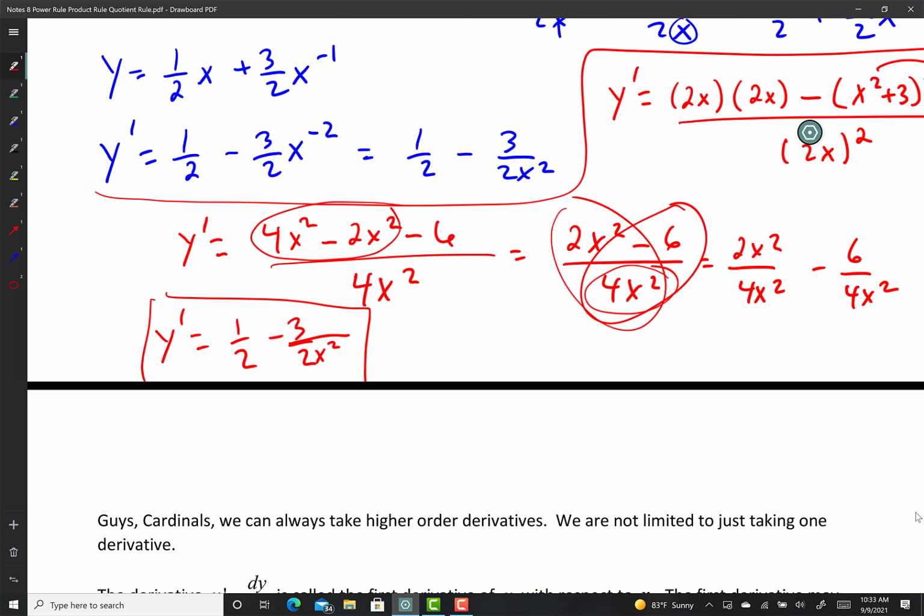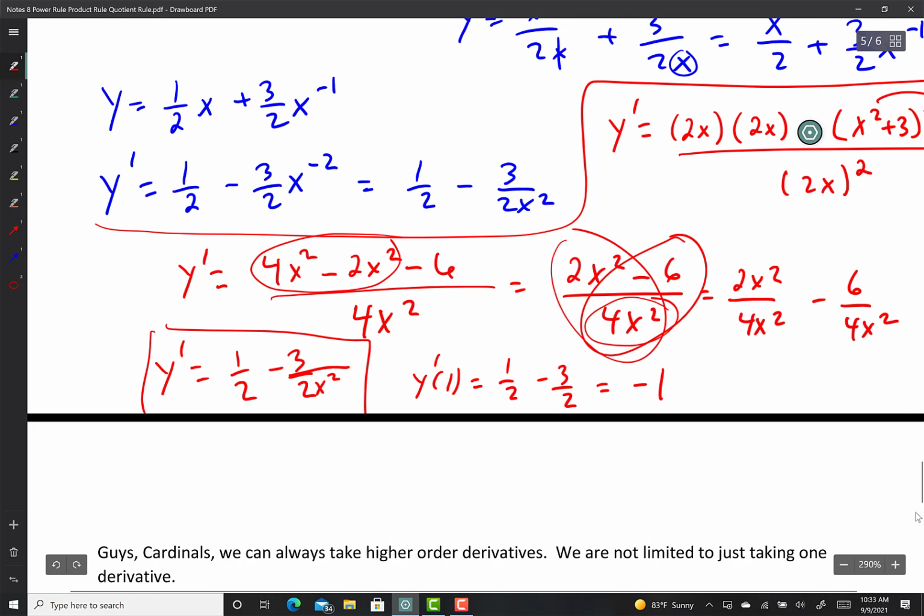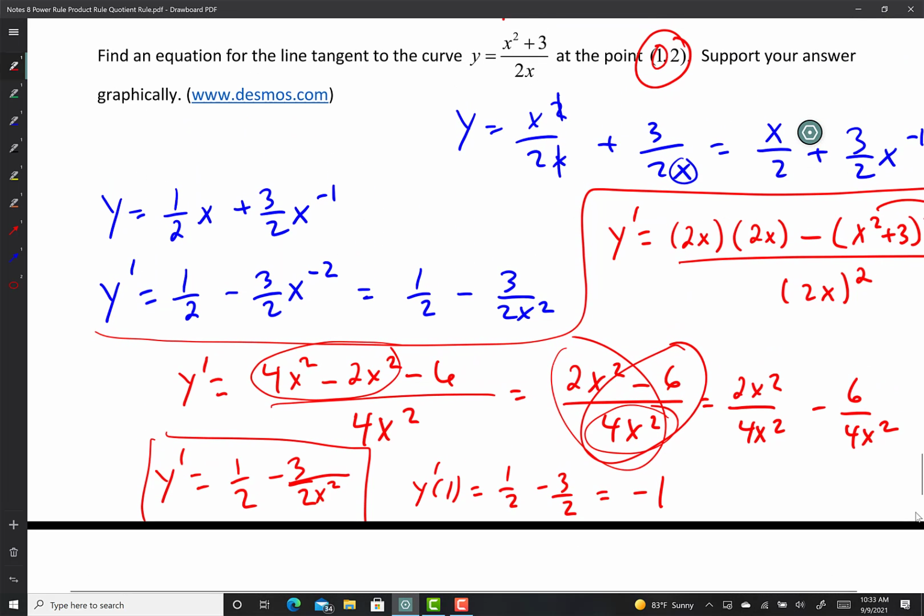They're both the same. So y prime of 1 is equal to 1/2 minus 3/2, because 1 squared is 1. So it looks like I get negative 1. 0.5 minus 1.5 looks like negative 1. Are we okay? All right, so what is my tangent line? I'm going to write it right here, guys.